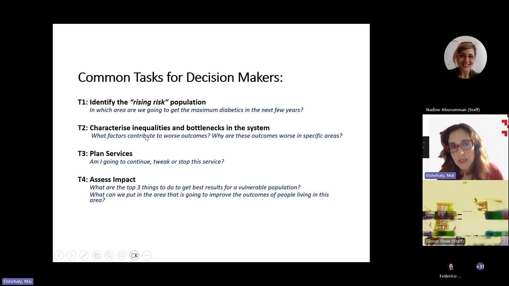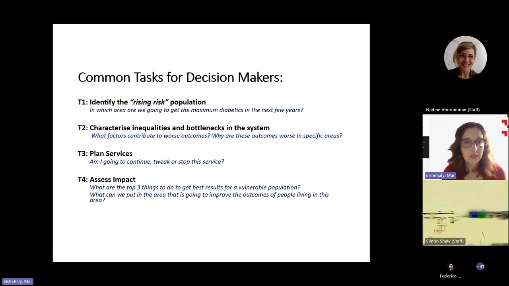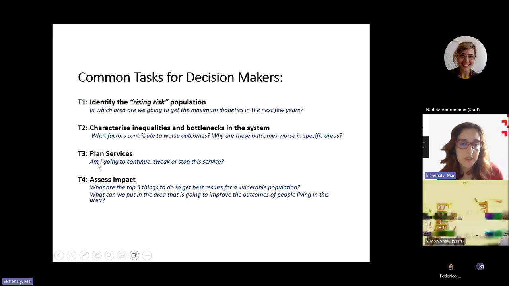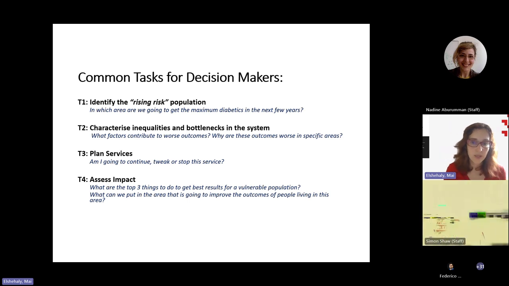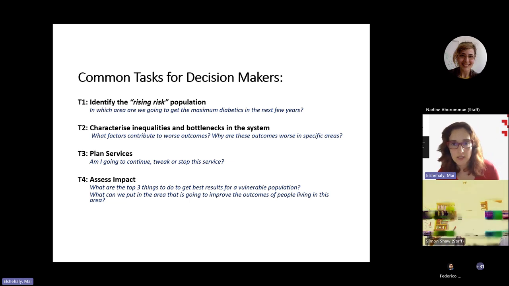And the nice thing when we talked about this with decision makers is that they were able to immediately link those insight-driven tasks, like identifying or characterizing, with actionable decisions, such as planning services or assessing the impact of a particular intervention in order to either scale it up or scale it down. So this was a really nice case where we had a nice understanding of how insight can lead to decisions.